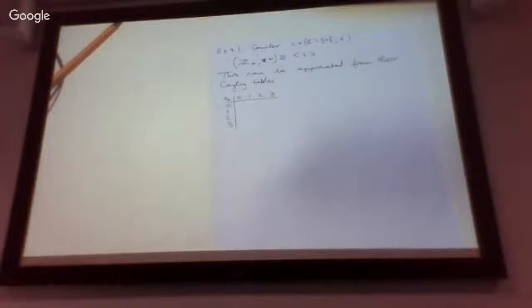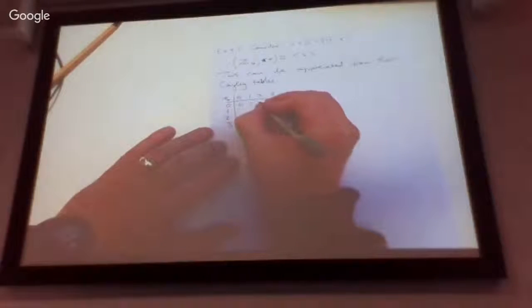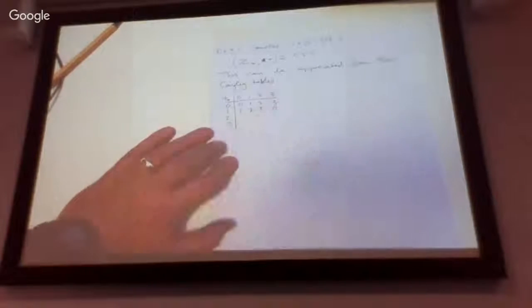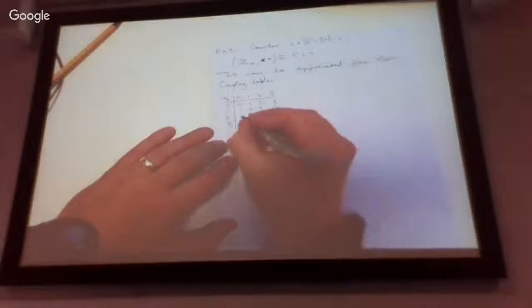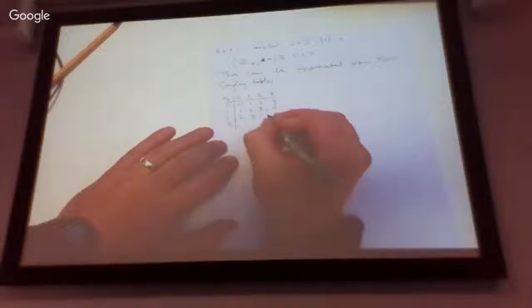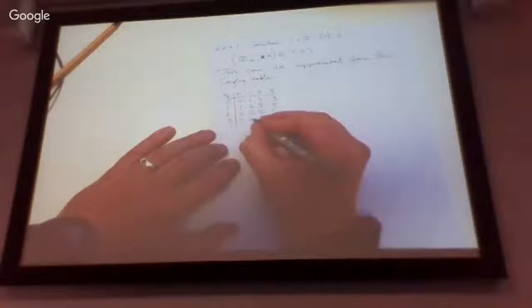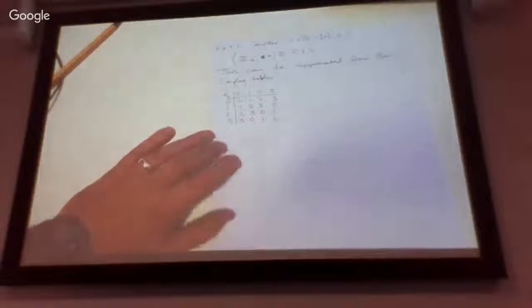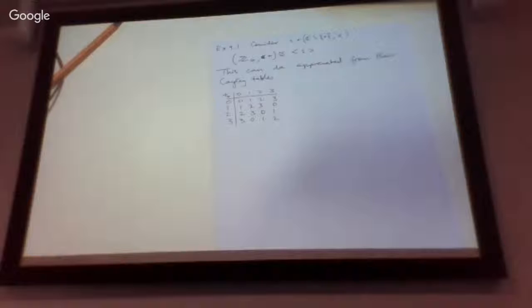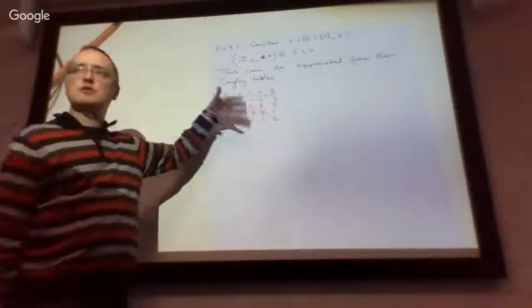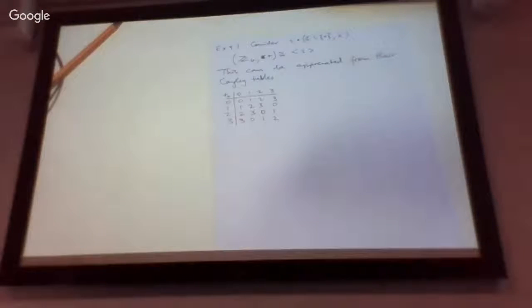This is addition modulo 4, quite a simple structure. You add 0 to something, it doesn't change it. You add 1 to something, it increases it by 1 modulo 4. You add 2 to something, it increases it by 2 modulo 4. You add 3 to something, it increases it by 3 modulo 4. Okay. So it's a 4-element group, so there's 16 entries in the table. And there you can see everything going on in that group.